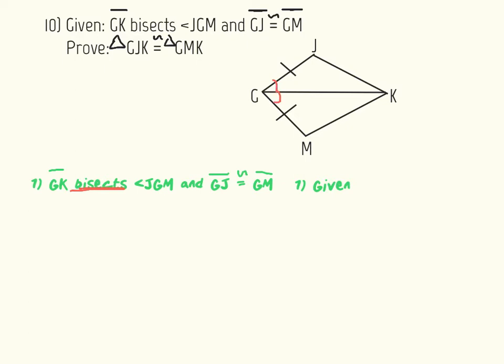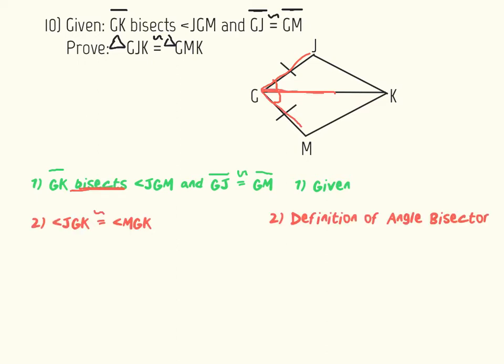So I can say those two angles are congruent. Angle JGK is congruent to angle MGK by definition of angle bisector.